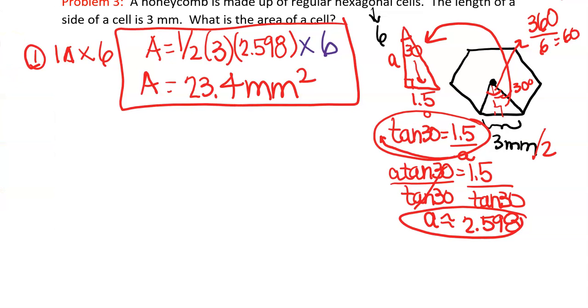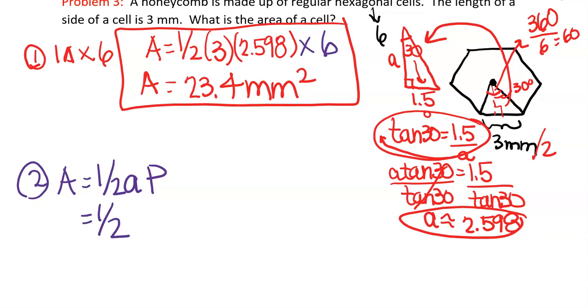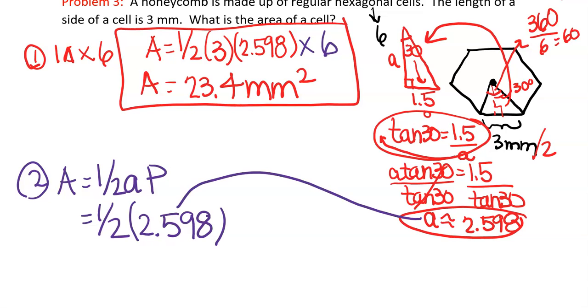For the second method, we're going to do area equals 1/2 A times P. Well, the A happens to be 2.598 because we just found that a second ago. Okay, so this would still apply. You'd still have to show both of those. And the perimeter this time is 3 times 6.